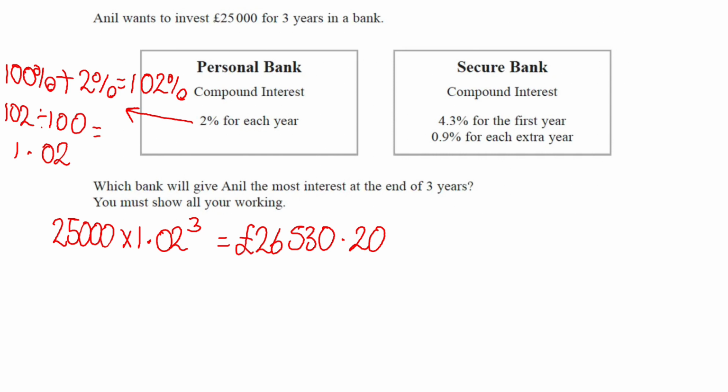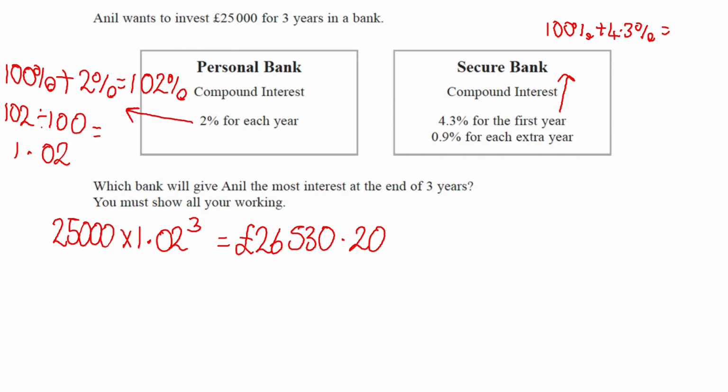Now we're going to have a look at secure bank, which is a little bit more difficult because we've got 2 different amounts, 2 different percentages. So the first thing we're going to do is work out our 2 separate percentage multipliers. So we're going to do 4.3% first. So we have got 100%, because that represents the original, plus 4.3%.